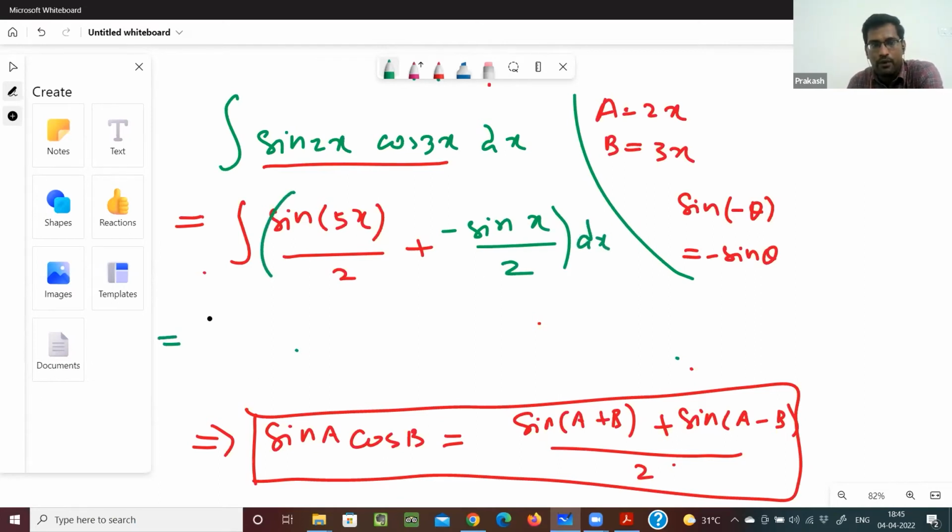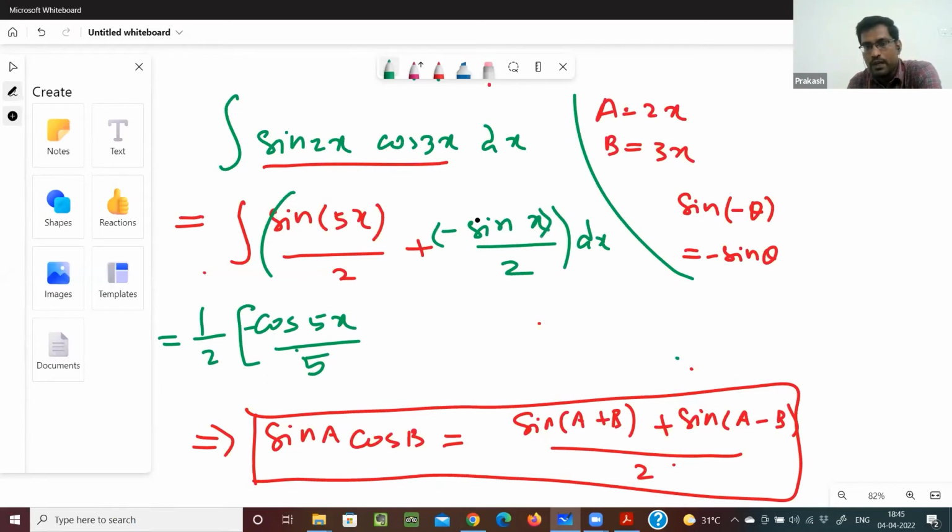Here, do you have any doubt or any question? 1 by 2 is common here. So sine 5x integrates to minus cos 5x divided by 5. Here there is already a minus involved, so plus into minus gives minus.